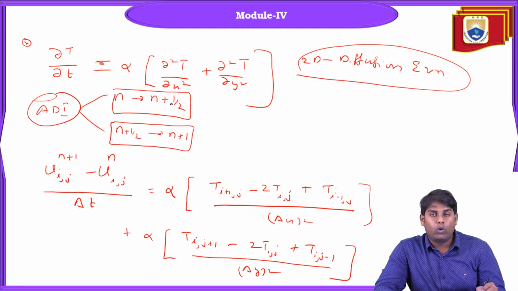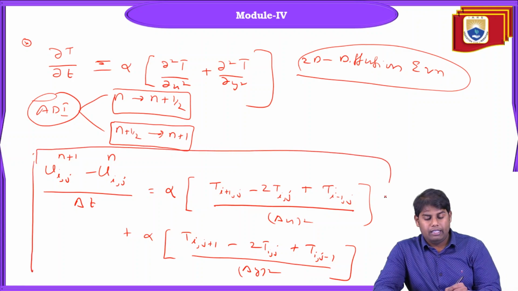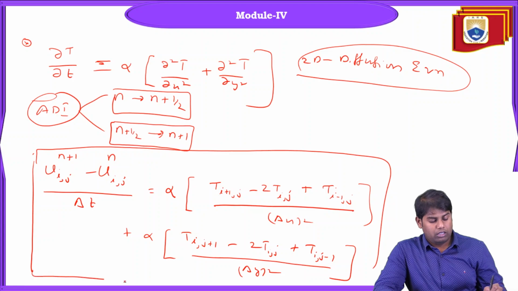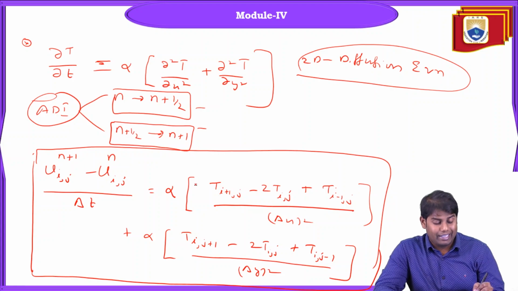Whatever equation we have here at the bottom, this equation is written in these two terminologies: one between n and n plus half, the other from n plus half to n plus 1. In these two terminologies, we will write this equation and we solve.